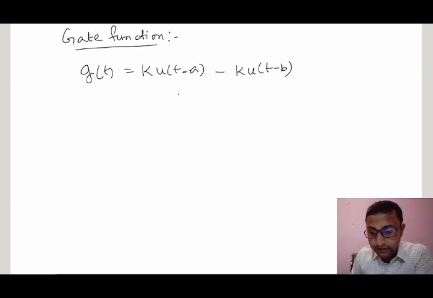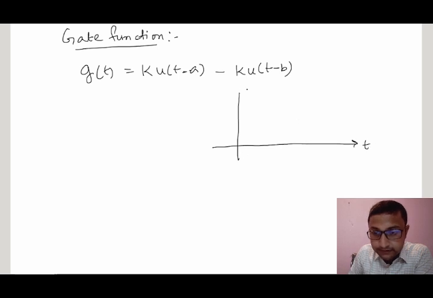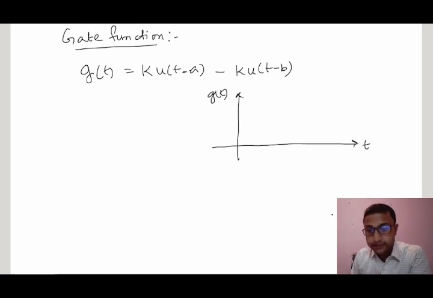So if I draw the graph, suppose this is the time axis and this is your function, this is a function gt, I have written here gt. That means this is the point small a, that is delayed from the origin, and this is the point small b, that is also delayed from the origin.